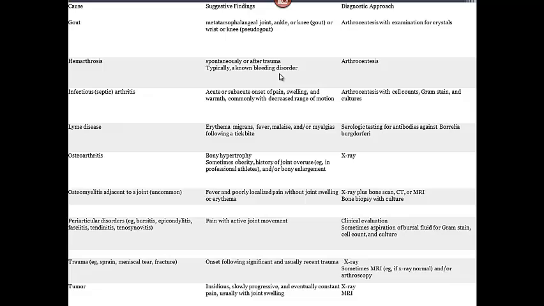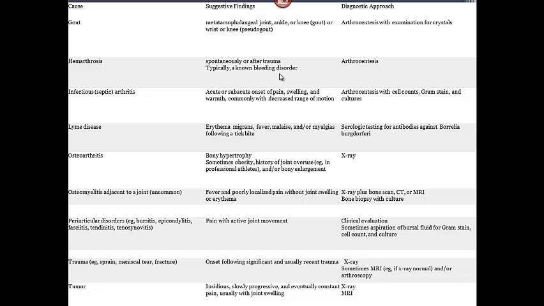Let's talk about infectious process. So whenever you have an infectious arthritis, it's always unilateral. Rarely is symmetric because it's not a systemic disease. So patients with infectious disease have an acute onset of pain, swelling, and warmth. So the actual joint is warm. They have decreased range of motion.